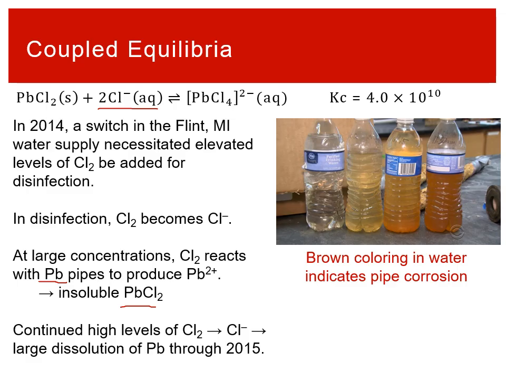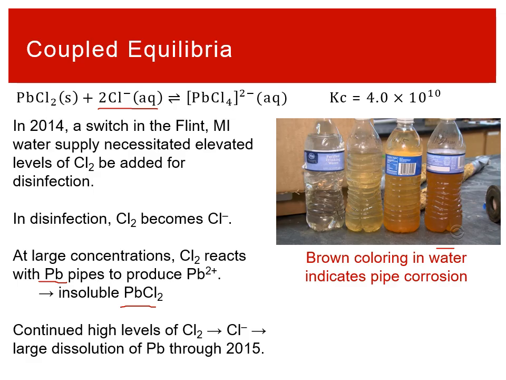You might have seen when this happened, people had been talking about the water being brown for a while, and this brownness wasn't dangerous. The brownness was an indication that the chloride was basically cleaning out the pipes, if you will, right? It was causing corrosion, cleaning out layers of stuff in the pipes. And as long as the pipes weren't lead, that wouldn't be a problem. But the pipes were lead, and there was continuing high levels of chloride.